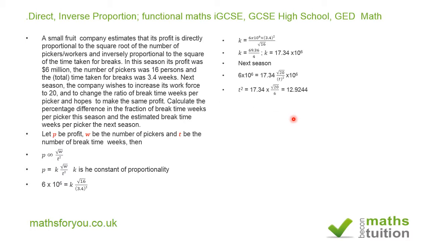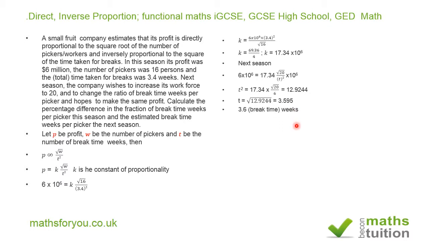Making T squared the subject, T squared is equal to 17.34 times the square root of 20 divided by 6, which gives a T squared value of 12.9244. Taking the square root of both sides, T is the square root of 12.9244, which gives a T value of 3.595.